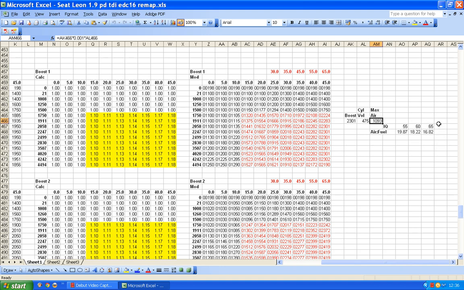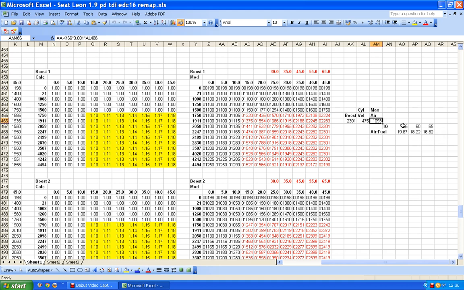If I use 65, it drops to 16.82, and many tuners use 16 or somewhere in the region of 16 when they're mapping, so this sort of number again would be a perfectly acceptable air fuel ratio.